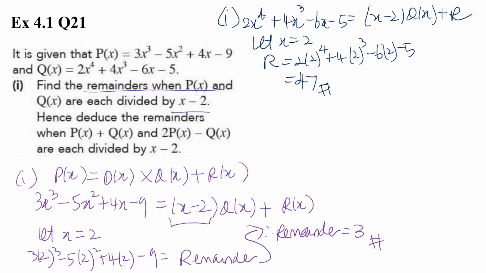All right, so what are we asked to do next? We settled the first two parts already. So hence, deduce the remainder when p of x plus q of x. Again, let's do one thing at a time. We are just taking p of x plus q of x.